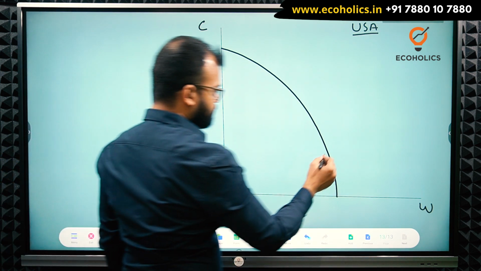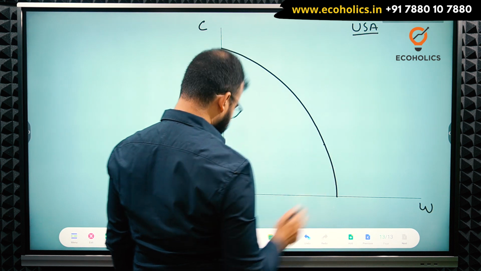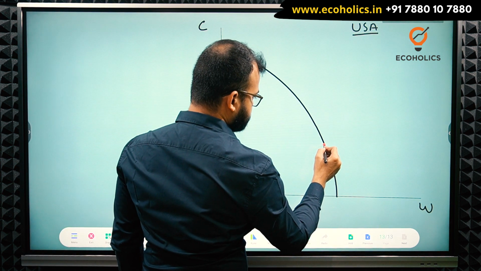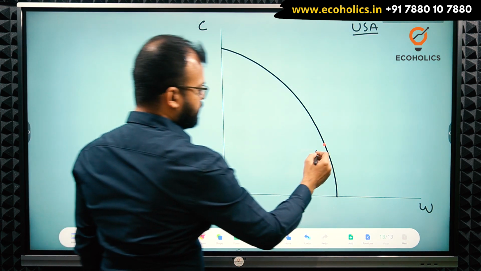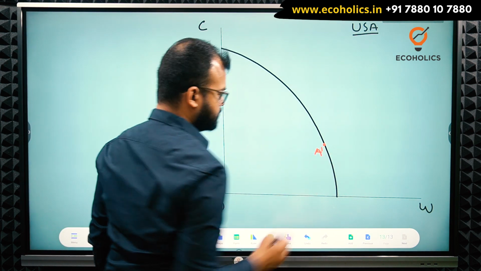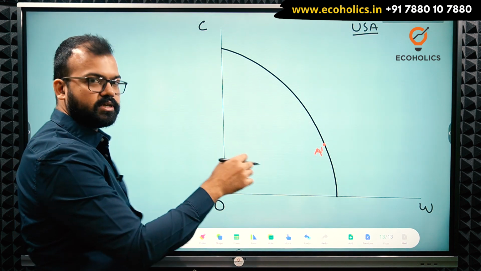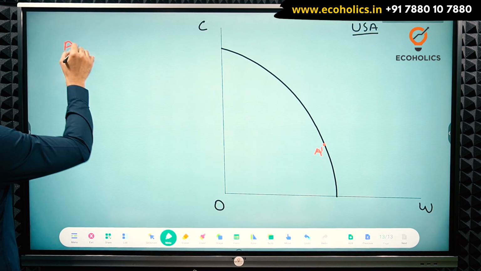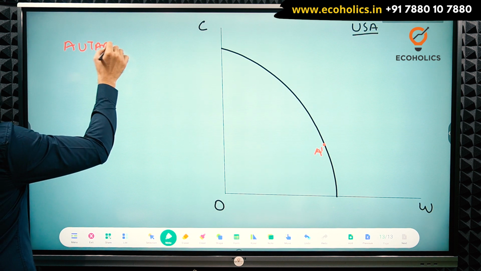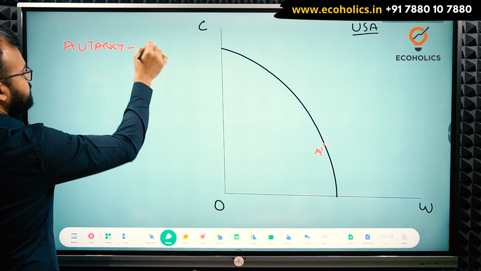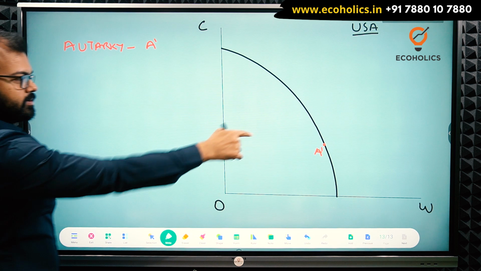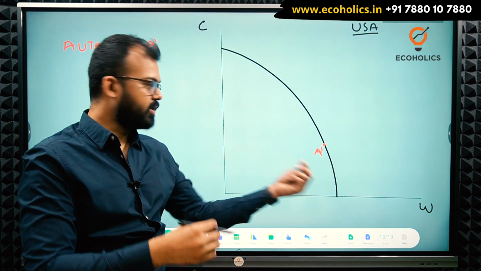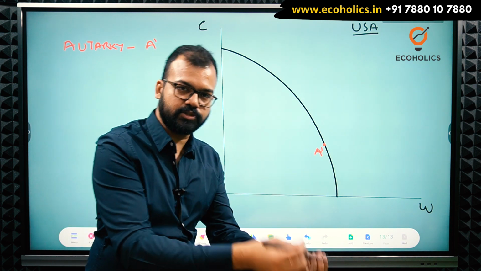Now suppose, for example, we take a different color. This is point A dash. It means domestically the US is at this place. So at the time of autarky, meaning where there is no trade, the US will produce and consume at point A dash. This is the point where they are producing as well as consuming.